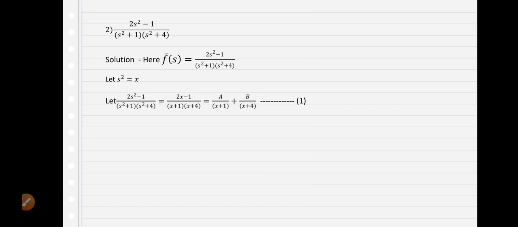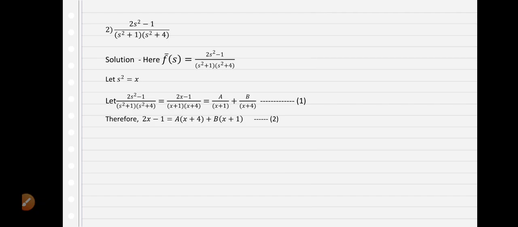Now we have to find the values of a and b. Before that, you have to take the LCM by cross multiplication, so that on equating the numerators we get 2x minus 1 equal to a into x plus 4 plus b into x plus 1.